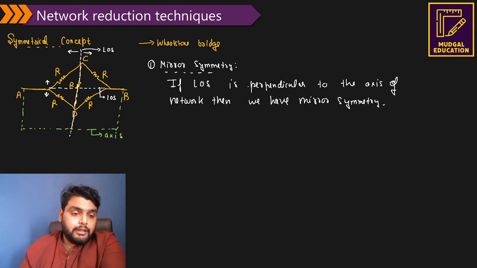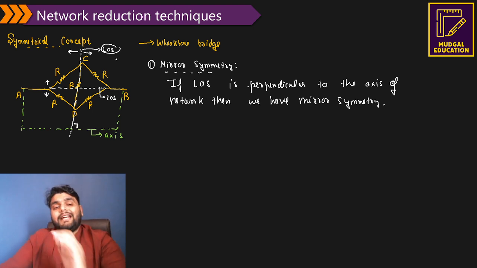Now if you observe carefully, which line of symmetry is perpendicular to it? The first line of symmetry that we have drawn is perpendicular to the axis. So this line of symmetry is telling you the mirror symmetry.